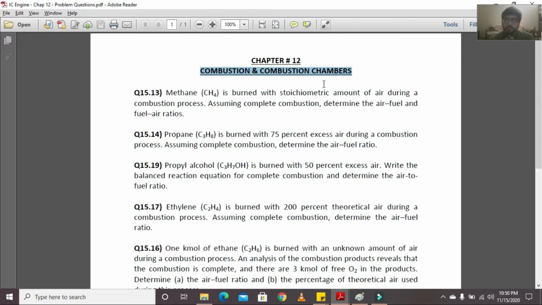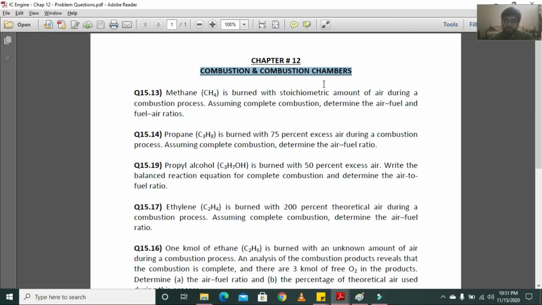So, in the last class, we concluded the theoretical section of this chapter, and today I am going to start off with the numerical portion of this topic.